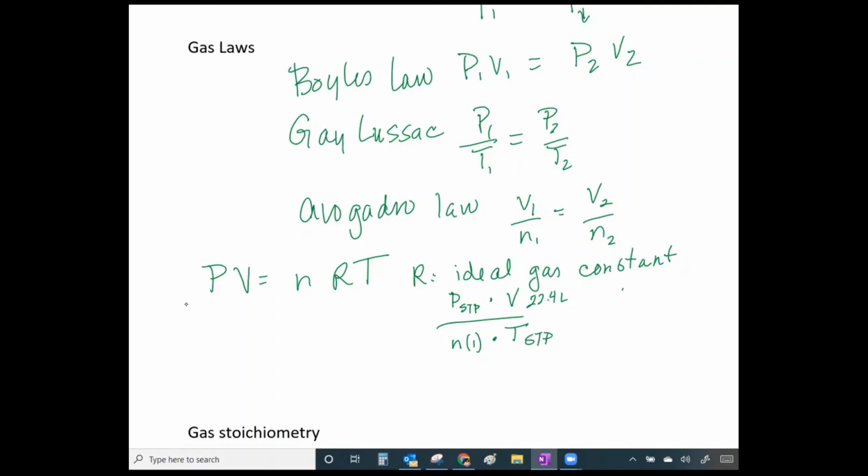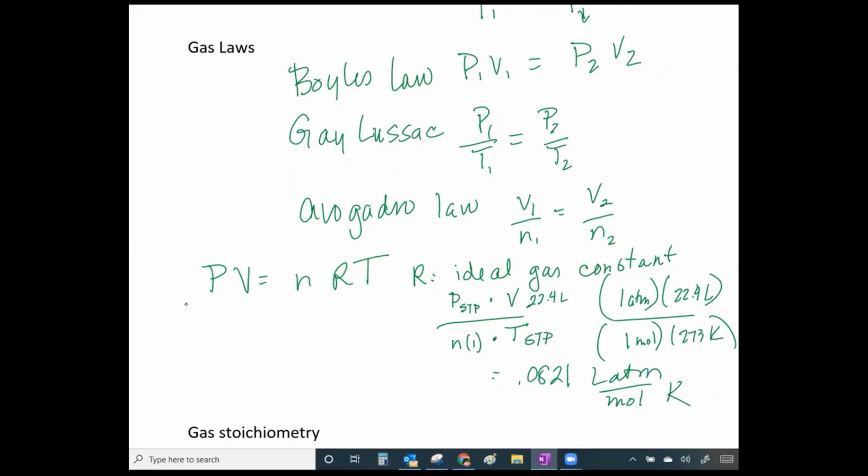So pressure at STP is 1 atmosphere times 22.4 liters divided by 1 mole times 273 Kelvin, and that value is 0.0821 liter atmospheres over moles Kelvin.